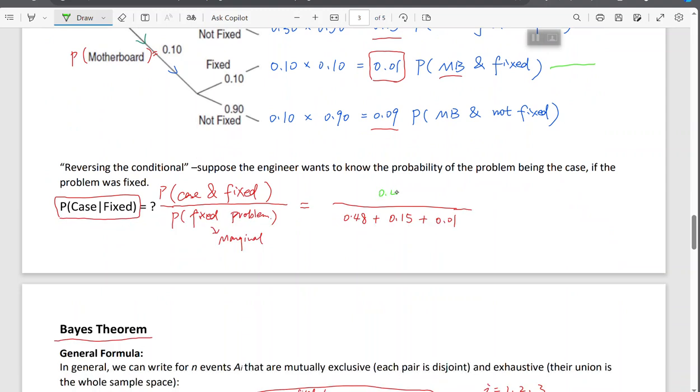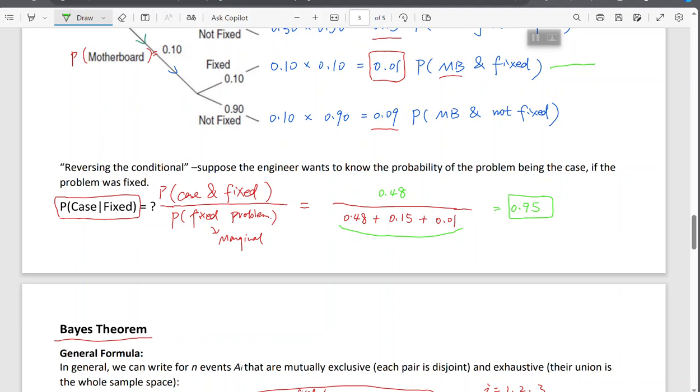Is that just the 0.48? Within all of these fixed problems, the one only about case alignment is just 0.48. If you calculate that, you have 0.75. So if you see a fixed problem, there is a 75% chance that it is a case alignment problem.